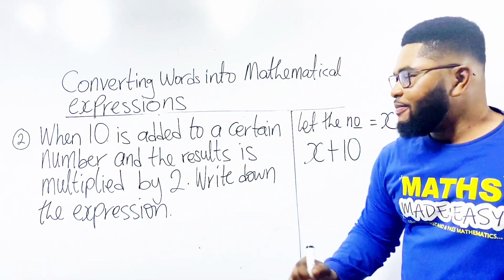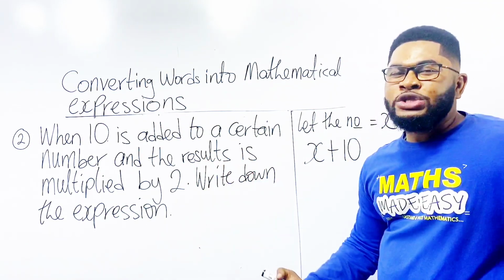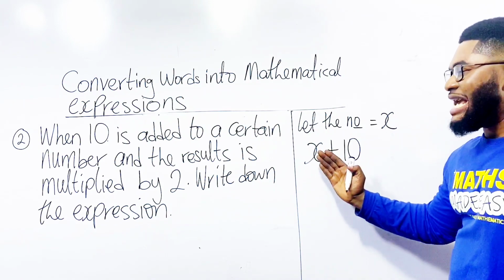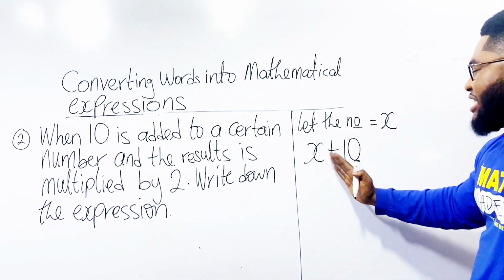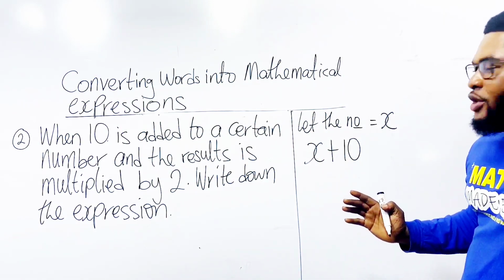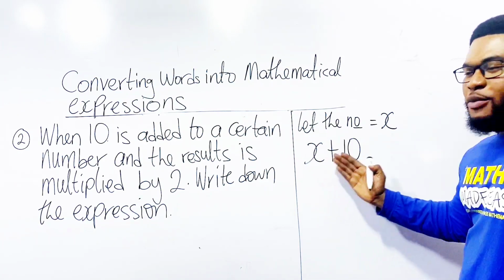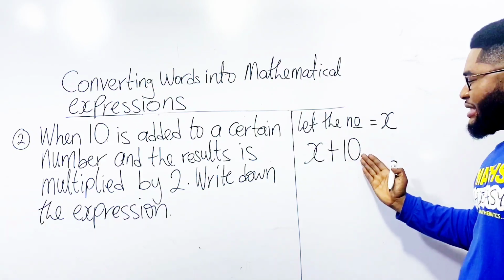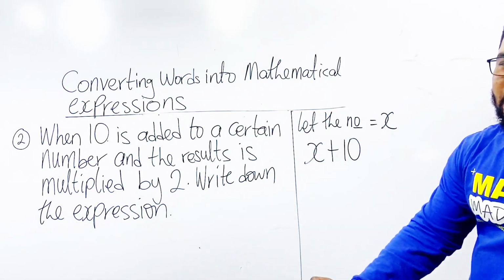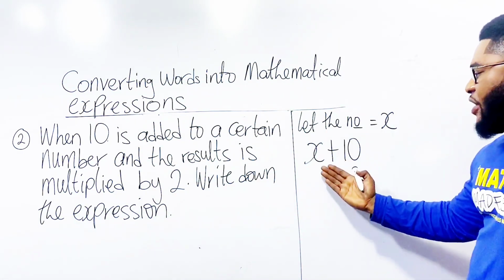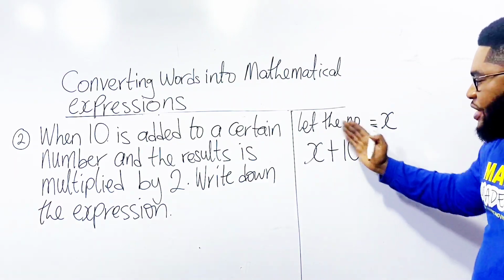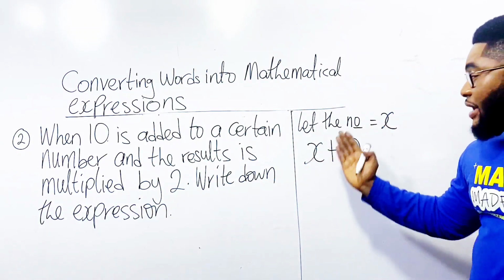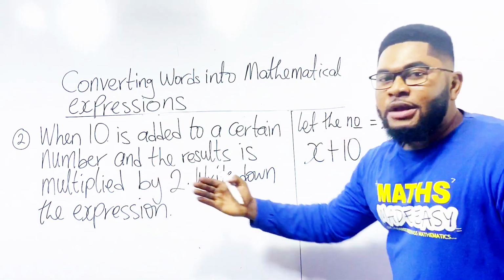Let me clarify something here. Result shows what you had after adding 10 and the number. And we had x plus 10. In algebra, we all know that x is a variable and 10 is a real number. They can't be added. If you say x plus 10, the answer will still be x plus 10 because they are not like terms. This is a variable and this is a real number. So this indeed is the result. Now this result is multiplied by 2.